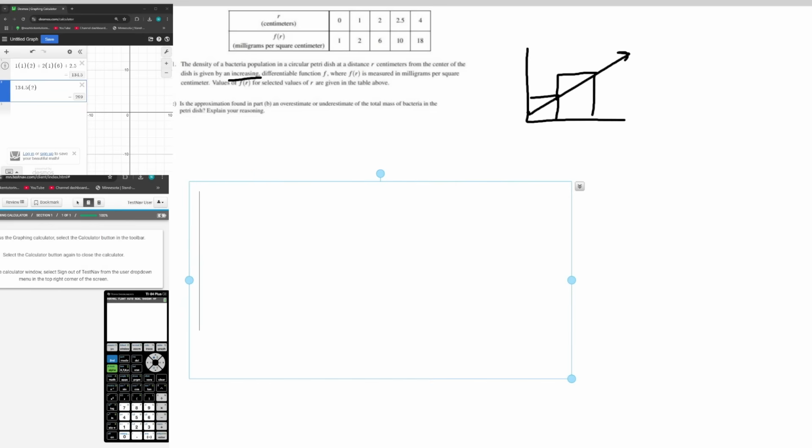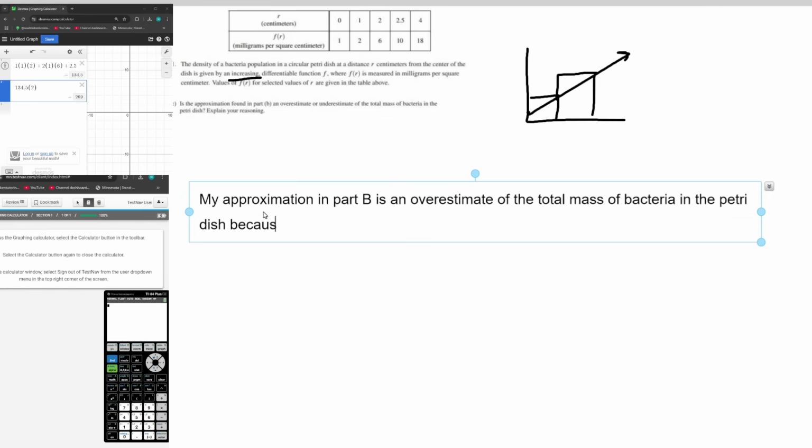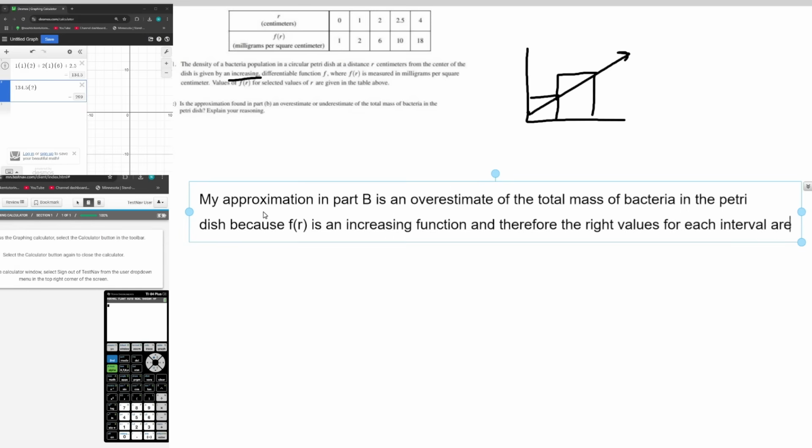So I would write, this is an overestimate. My approximation in part B is an overestimate of the total mass of bacteria in the petri dish, because f of r is an increasing function, and therefore the right values for each interval are larger than the left values.